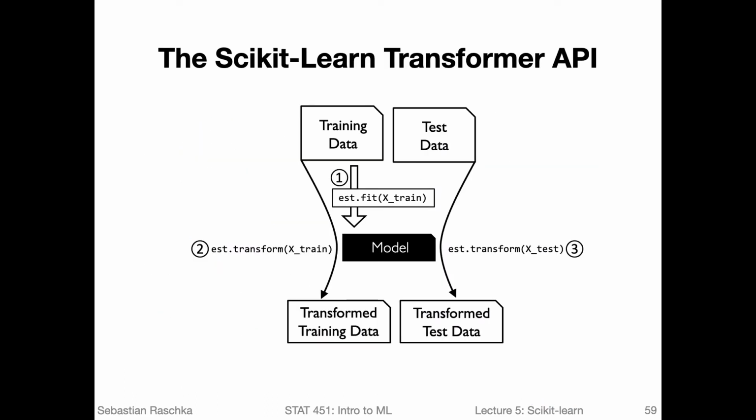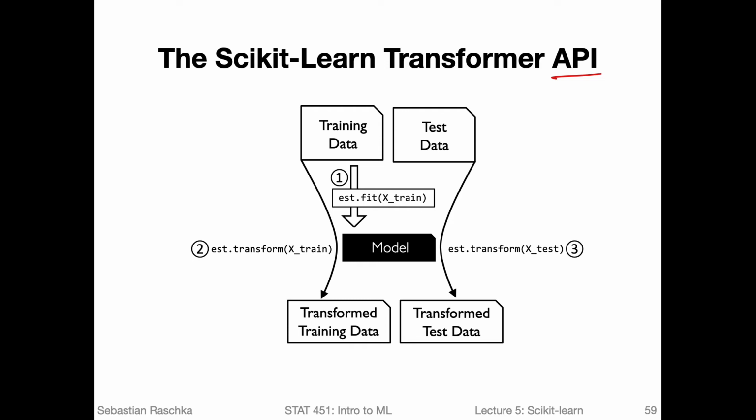Talking about normalization like min-max scaling and standardization brings us to the next topic, scikit-learn transformers, or in particular the scikit-learn transformer API. This term, transformer, is not to be confused with the transformers in deep learning, which are a type of neural network architecture based on the attention mechanism.